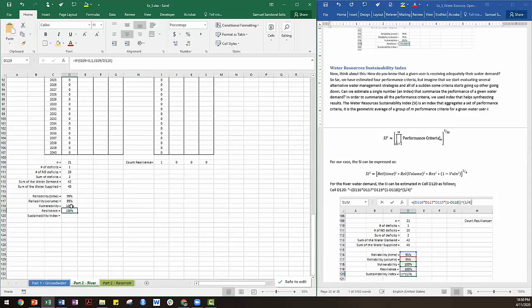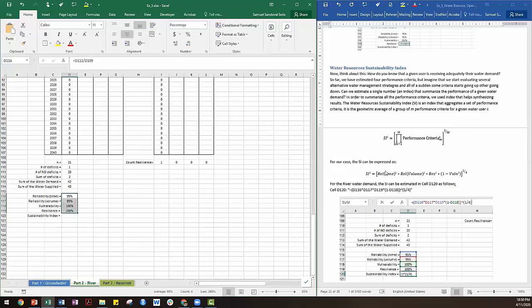In order to do that, you develop some index or indices, which basically aggregate all the values into one. In this case, what we're going to be using is this water resources sustainability index, which is the geometric average of all of these, which is what is explained here.